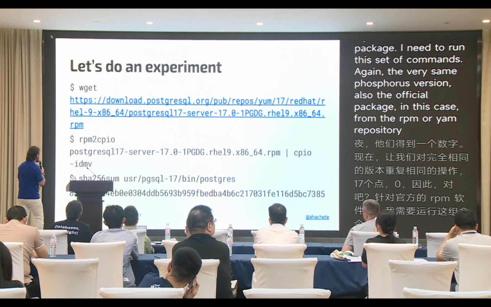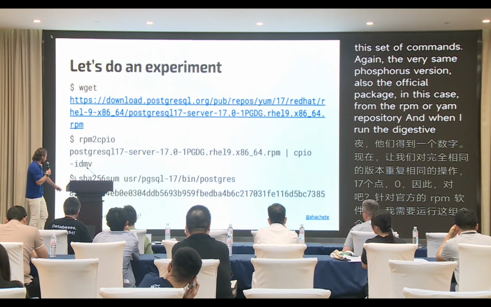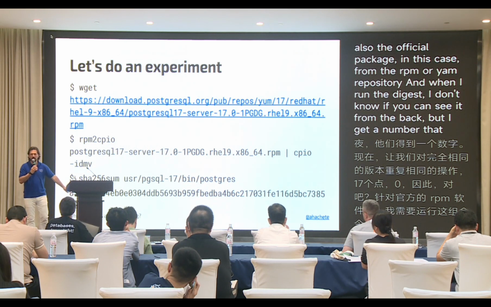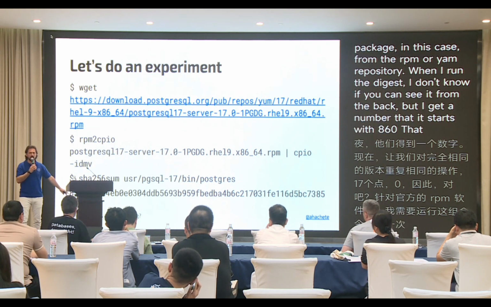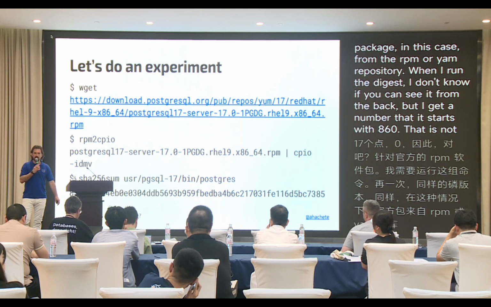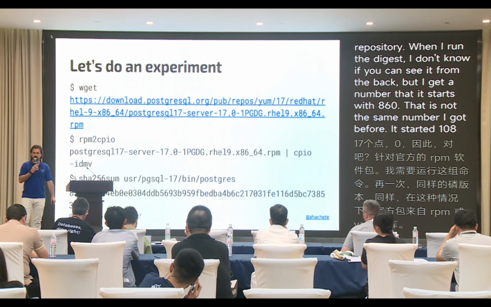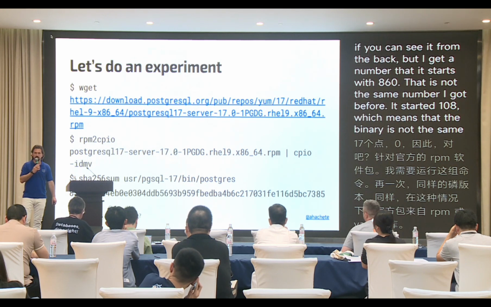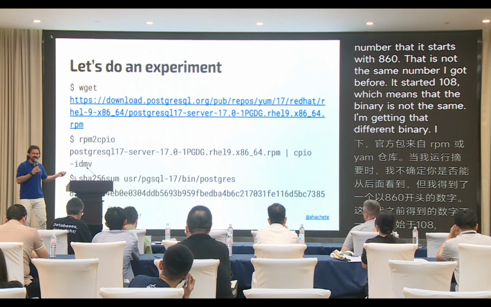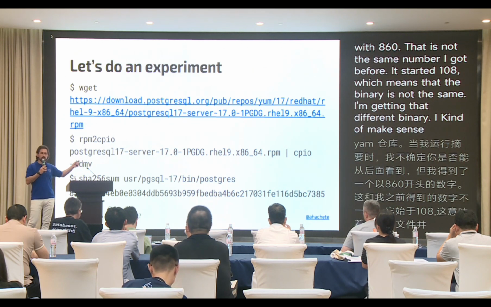And when I run the digest, I don't know if you can see it from the back, but I get a number that starts with 860. That is not the same number I got before. It started with 108, which means that the binary is not the same. So I'm getting a different binary. Well, that kind of makes sense because one is Red Hat, the other one is Debian.